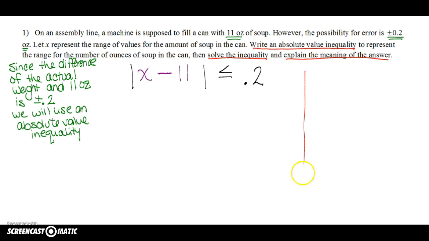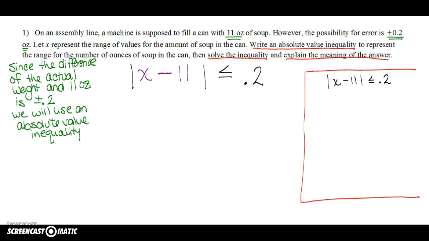So if we're going to look at my answer, my absolute value inequality is the absolute value of x minus 11 is less than or equal to 0.2.